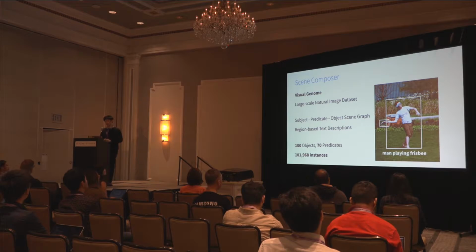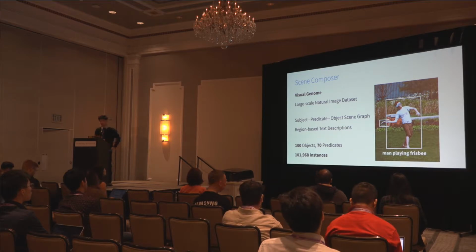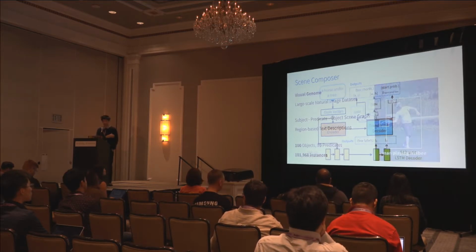So we use the Visual Genome dataset that is densely annotated, consisting of objects, relations, and text descriptions. We took the commonly occurring 100 objects and 70 predicates in our dataset, and produced about 102,000 instances for training, validation, and test of these object relations.